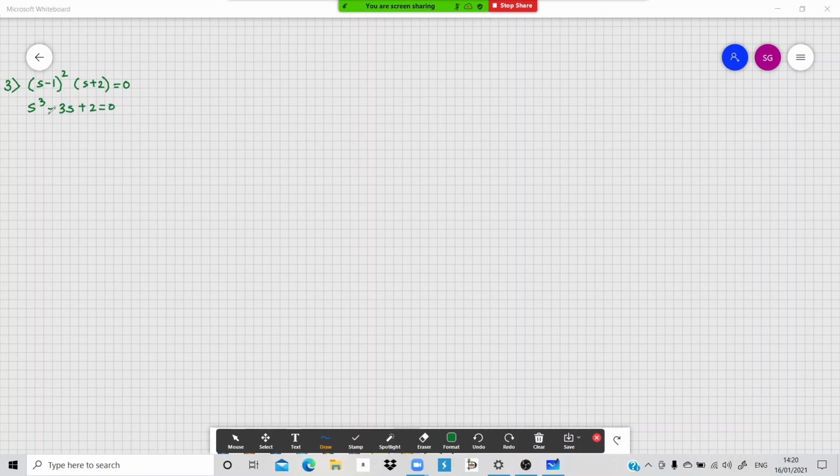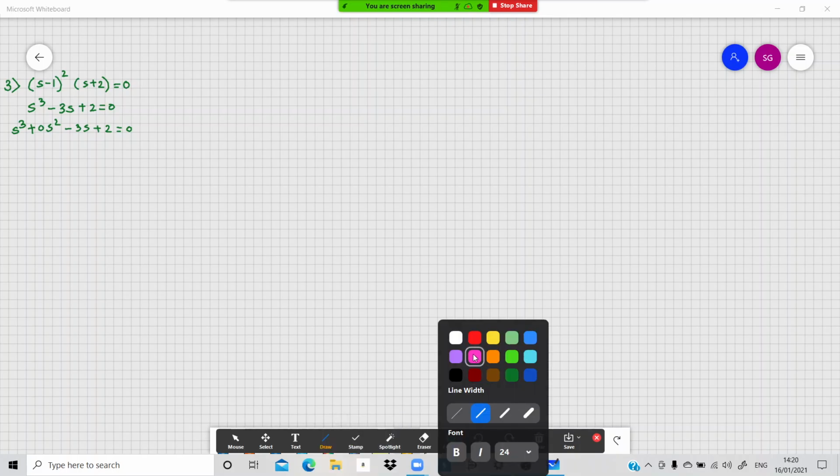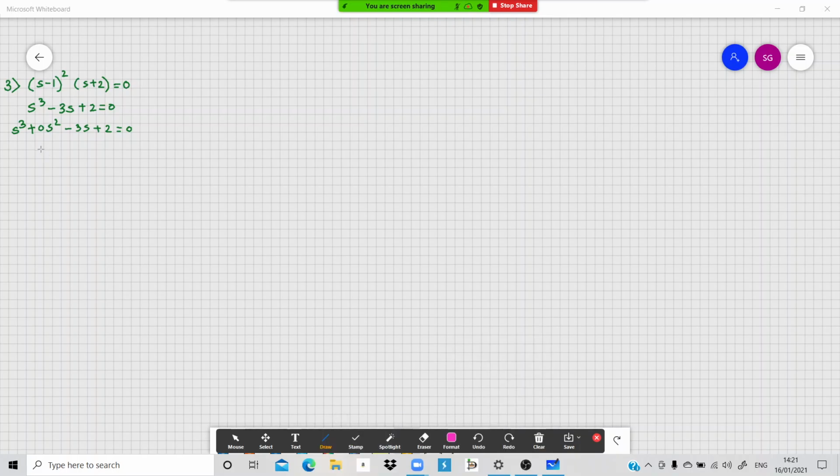Now when the s square term is not there, I'll write s cube plus 0s square minus 3s plus 2 is equal to 0. Now when you write this, the coefficients are clear to you. So we'll form the Routh array.